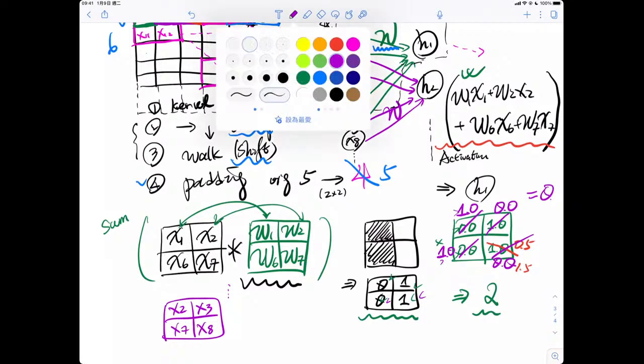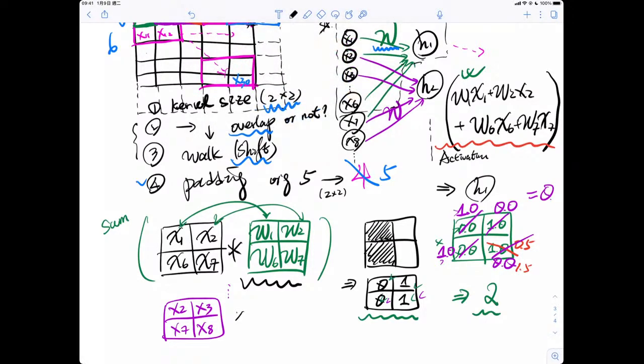And as I mentioned before, we multiply with exactly the same weights.